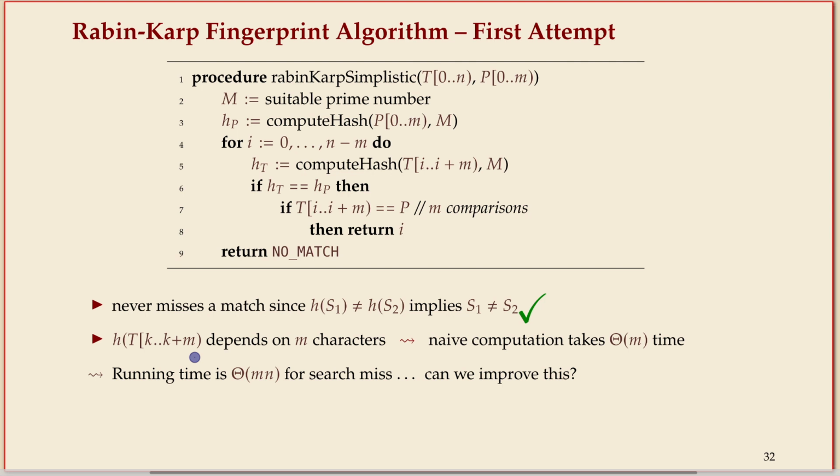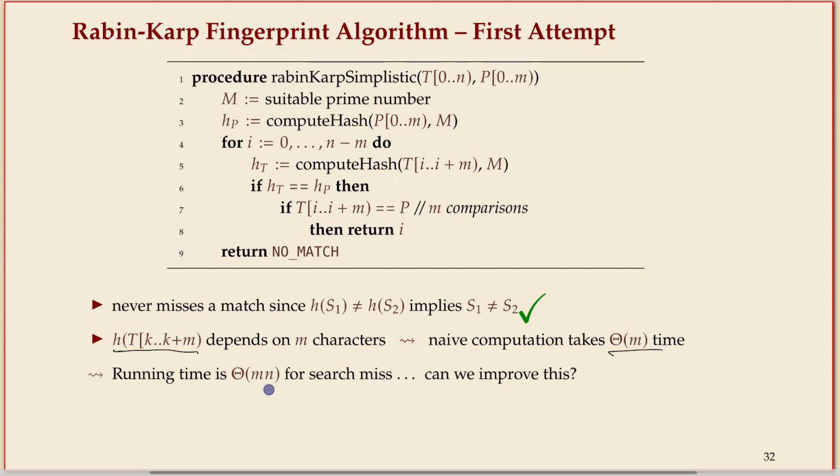The problem with this code, or why this code is not exactly useful, is that computing this hash value of a part of the text also takes time proportional to the length of the portion of the text. So it takes m time, roughly, because you have to at least read that part of the text and deal with the numbers.